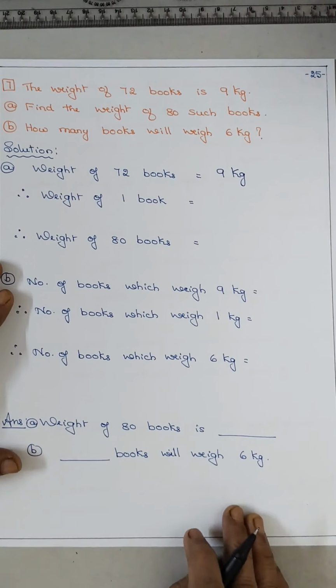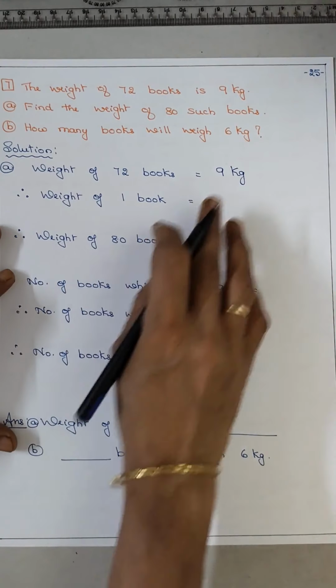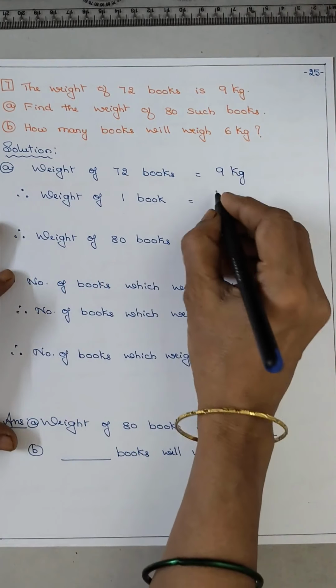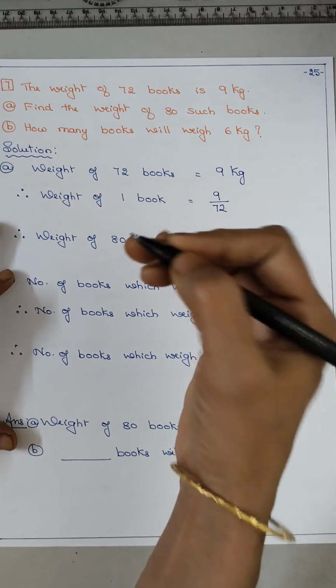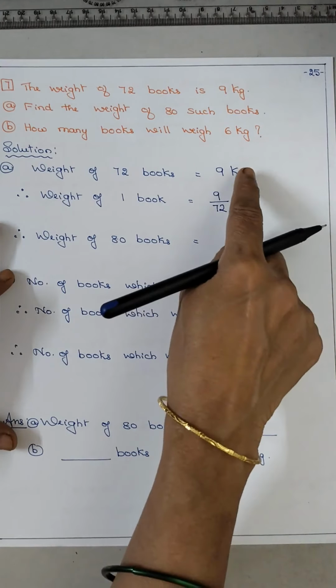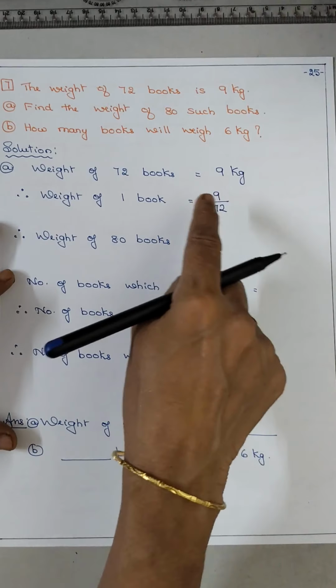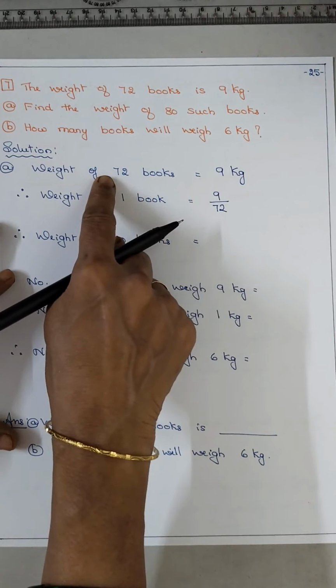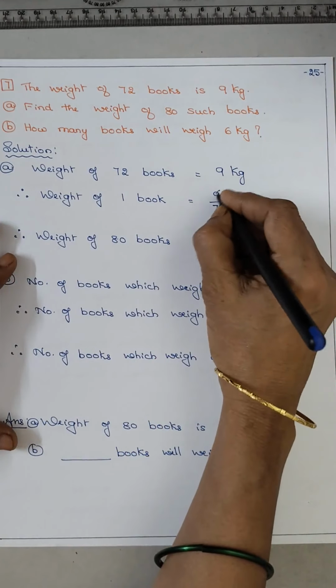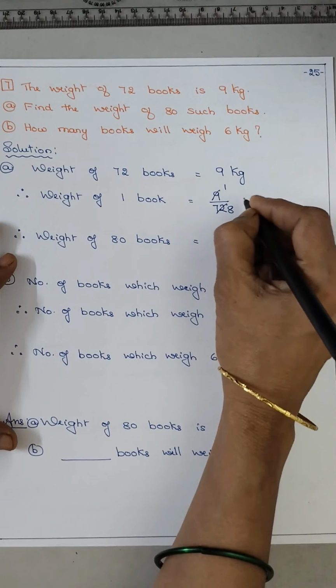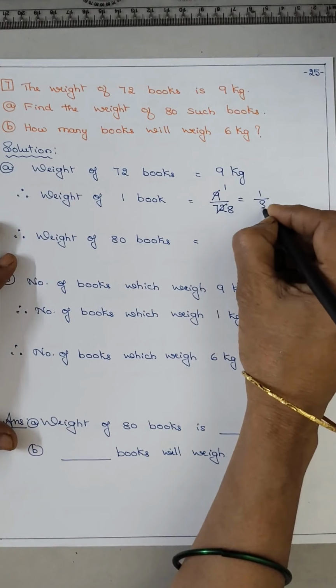So find out first weight of one book, 9 upon 72. कौन सा नंबर किससे डिवाइड करने का? राइट साइड का न्यूमरेटर divided by the left side का नंबर. Now 9 ones are 9, 8s are, so you get 1 by 8 kg.